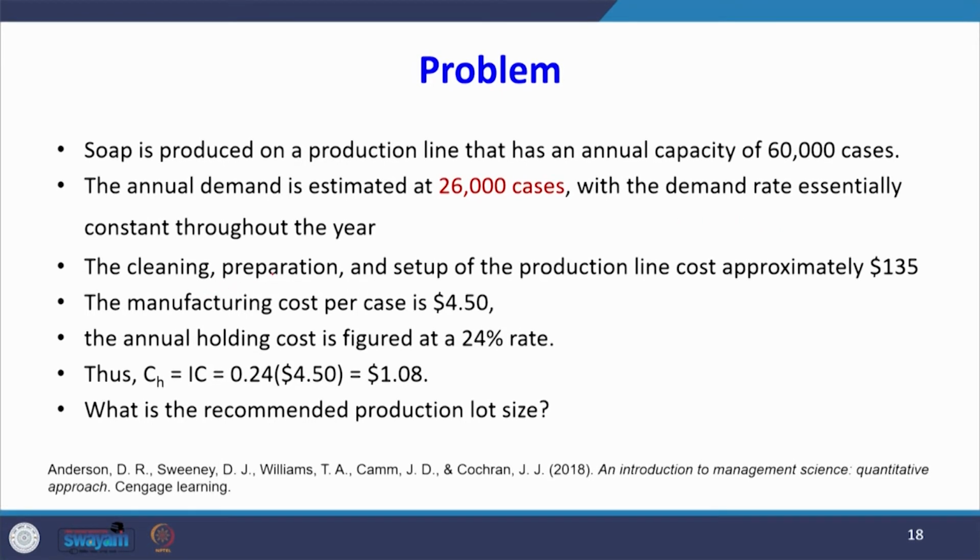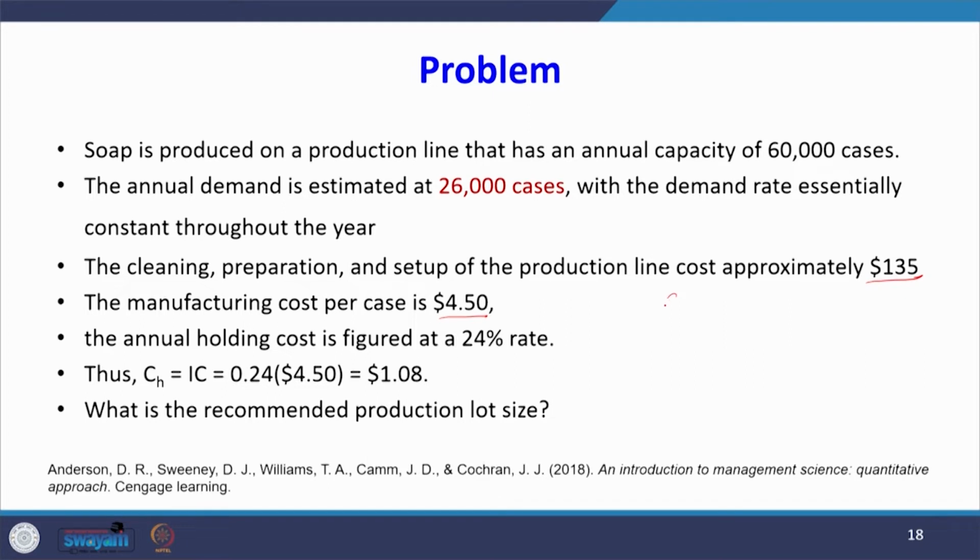The cleaning, preparation and setup for the production line cost approximately $135. So, this $135 is our setup cost. The manufacturing cost per case is $4.5 and the annual holding cost we got is 24%.